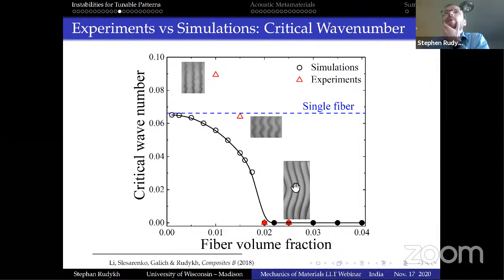This looks like laminates, but you will have to believe me that these are actually fibers. That partially explains the quality of these figures, because we're taking the pictures through the soft matrix. The fibers are not the laminates that go through the whole thickness.